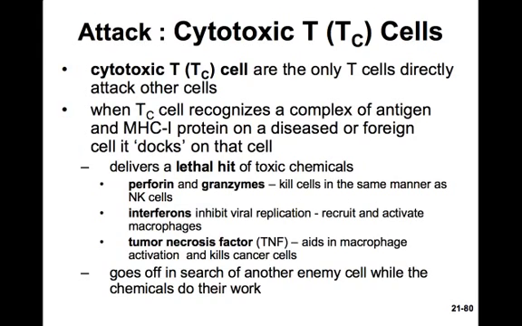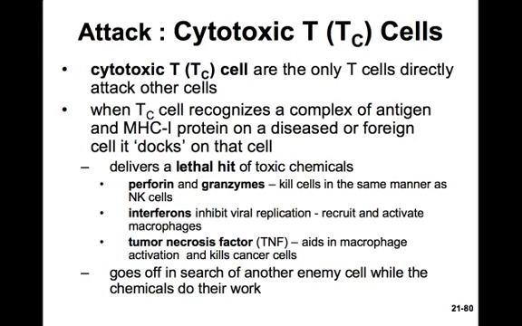We'll also see that they secrete interferons. Interferons inhibit viral replication and recruit and activate macrophages that will come along and destroy cells. We'll also see that they produce tumor necrosis factor, which aids in macrophage activation as well as killing cancer cells.